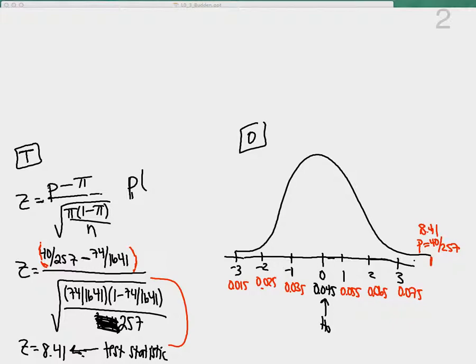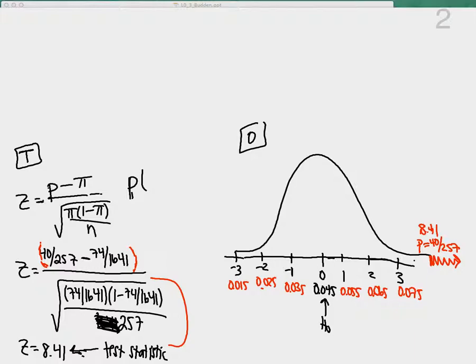Because we're testing greater than, remember how we talked about how in a continuous curve you never calculate a probability at one specific point? How it has to be a range? Because the alternative is greater than, you're going to calculate the probability of that and everything greater than it.